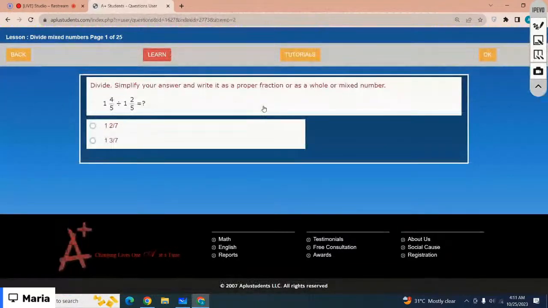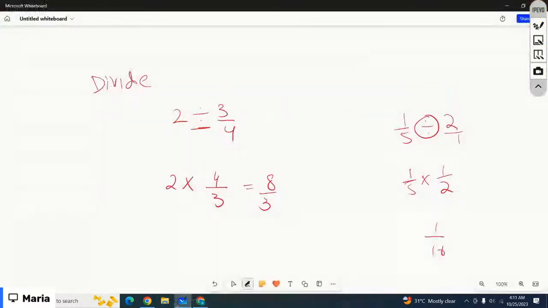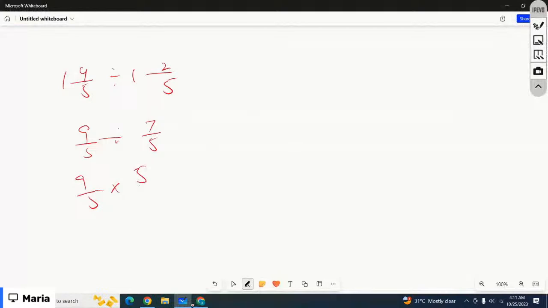The first one is 1 whole 1 over 5 divided by... Okay, let's just convert them into improper fractions. 5 times 1 is 5 and 4 is 9 over 5 divided by 5 over 7. Change the division sign to multiplication. That would be then 5 over 7. 5 times 1 is 5, you have 9 over 7.